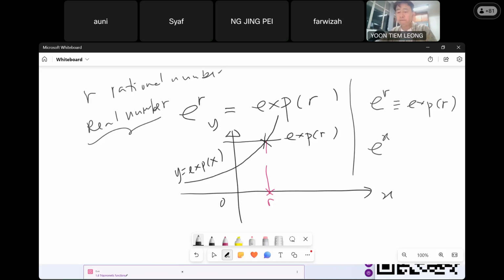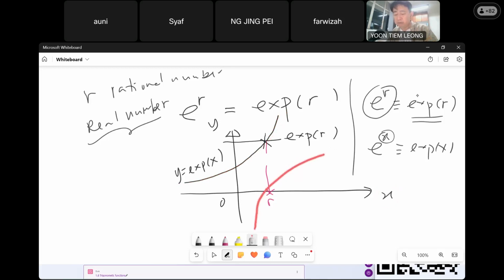So when we define e raised to the power of r to be the exponential of r, we ask this question: can we also define the value of the e number raised to the power of a real number instead of just a rational number? The answer is yes, because the exponential curve is defined for all values of x. The reason is that the exponential curve is obtained from the logarithmic function.